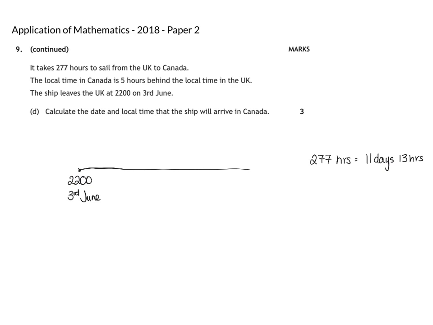So we've got our 11 days, which we've got to work out first. So if we add our 11 days, I always like to visualize this rather than do it in my head. So we get still 10 o'clock, and it's going to be the 14th of June. Then we're going to have to add our 13 hours. So it's 10 o'clock, so to get to midnight, it's 2 of those, so we actually end up with 11 o'clock, and it's going to be the 15th of June.